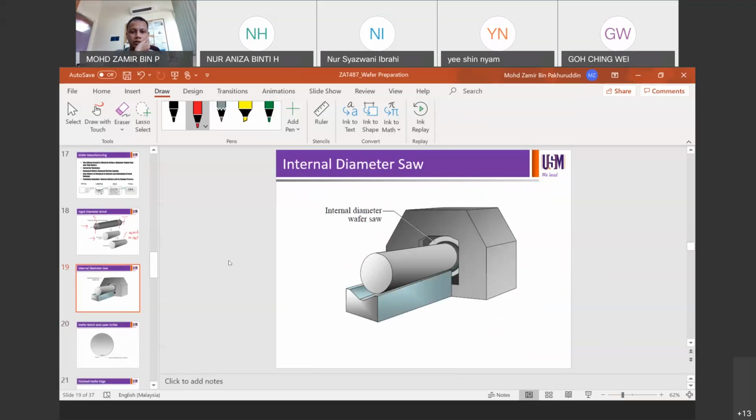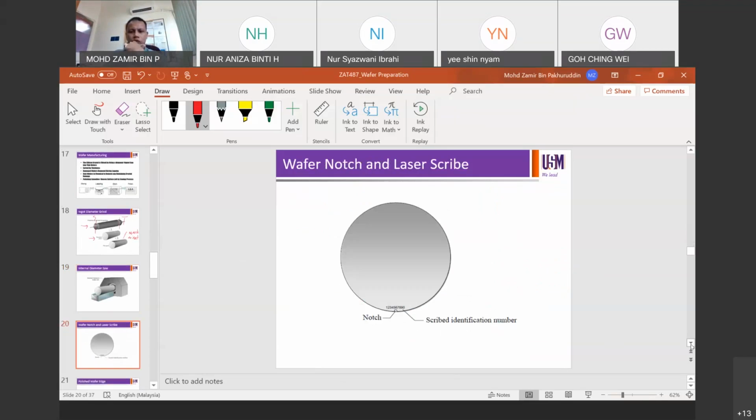Okay. This is the internal wafer saw process. It can be done as well. This is what the notch looks like. Usually, if you look into a wafer fab, on the notch area you will have a scribe ID. It's called scribe ID. This will identify the wafer.